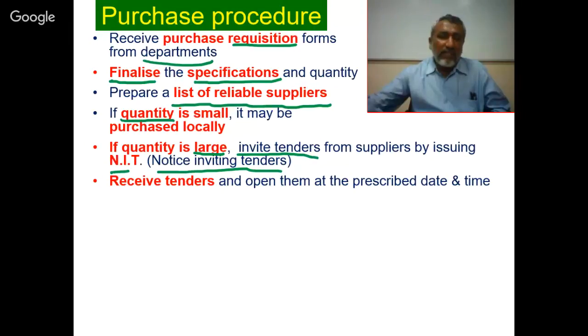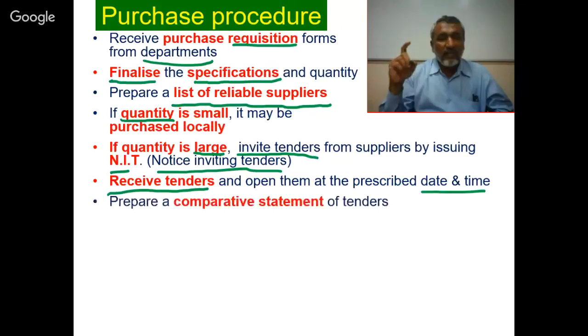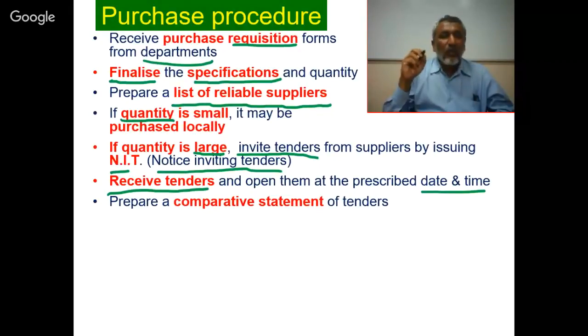The company will receive all these tenders up to a particular date and time. This date and time will be specified in the notice inviting tender itself. Until that date and time, the company will receive the tenders. And you need to remember that these tenders are received in closed envelopes.